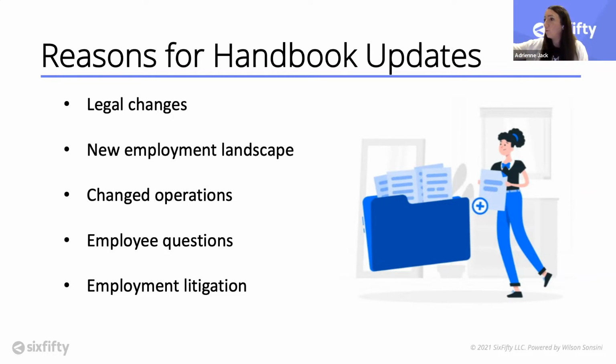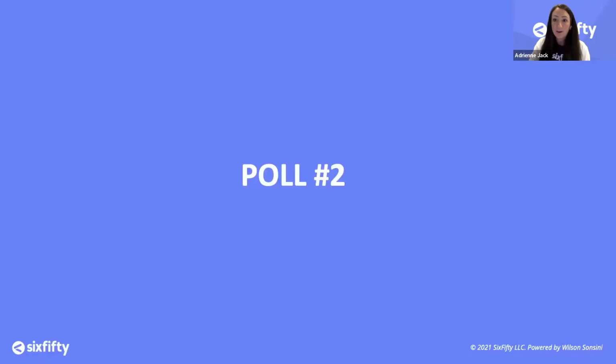Okay, so before we talk about all these ways that companies update their employee handbook, we'd love to know, in our next poll question, how often does your company update its employee handbook, if you update it as a matter of course? So do you revisit your handbook every year, every 6 months, more often than every 6 months, some other time period, or as needed if you realize there's a change in the law or an updated policy?